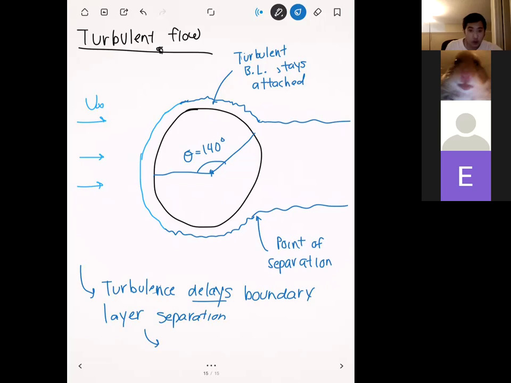And if we delay boundary layer separation, this means that we're going to end up with a smaller wake. Smaller wake, but typically more enhanced heat transfer. All right. Any questions on this turbulent diagram here?